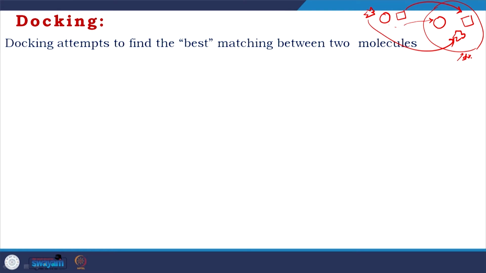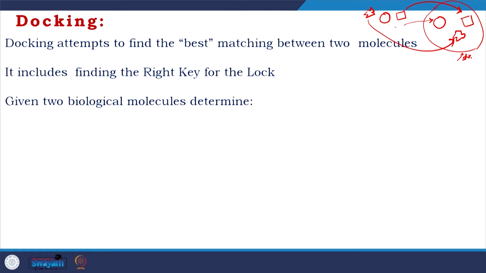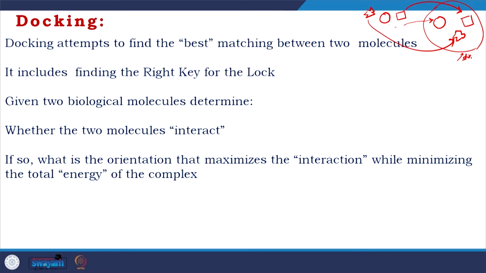So, docking attempts to find the best matching between two molecules. It includes finding the right key for the lock. Given two biological molecules, determine whether the two molecules interact. If they interact, what is the orientation that maximizes the interaction while minimizing the total energy of the complex?